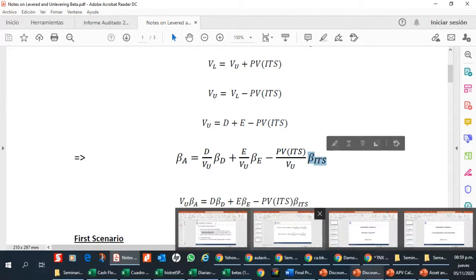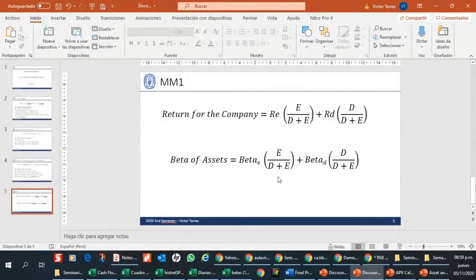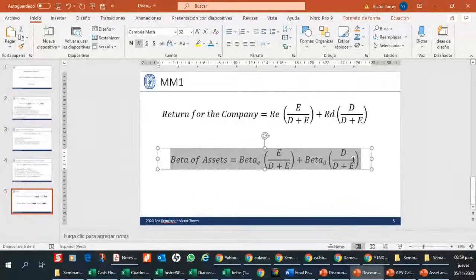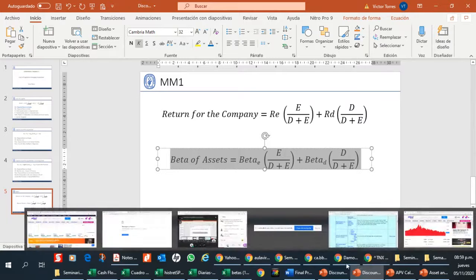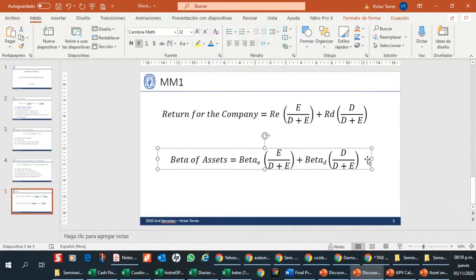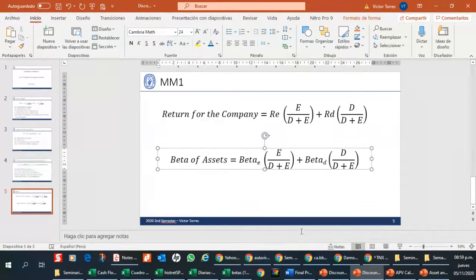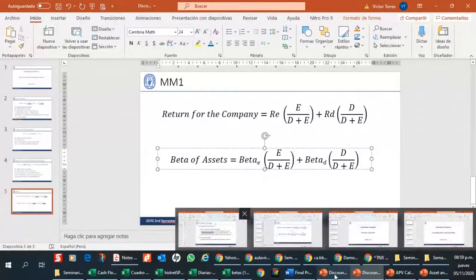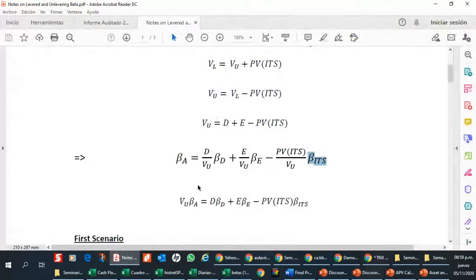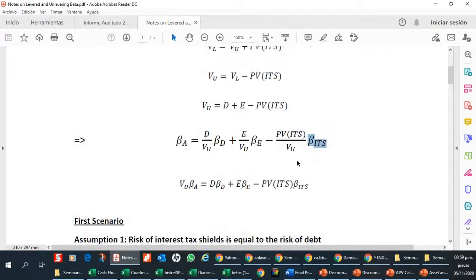It's very similar to what we had here in Modigliani and Miller 1. The only thing that's being added to Modigliani and Miller 1 to consider Modigliani and Miller 2 is the fact that there's going to be a beta for the interest taxes to reflect that. And I'm putting this in a different context because I'm dividing by VU, the value of the unlevered company.